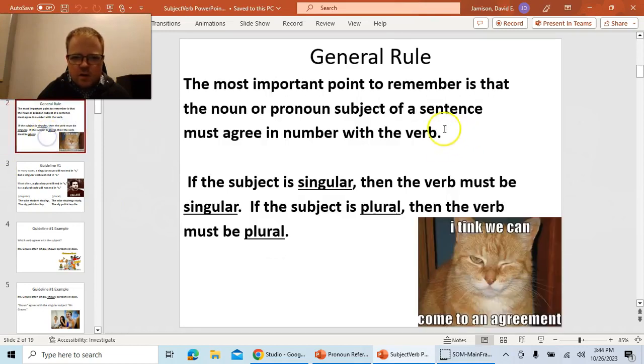So, general rule, the most important point to remember is that the noun or pronoun subject of a sentence must agree in number with the verb. If the subject is singular, then the verb must be singular. If the subject is plural, the verb must be plural.